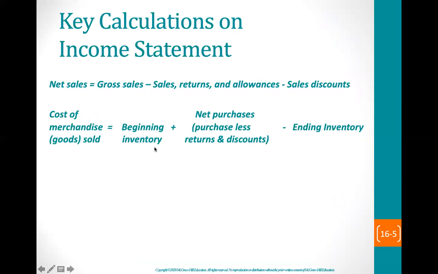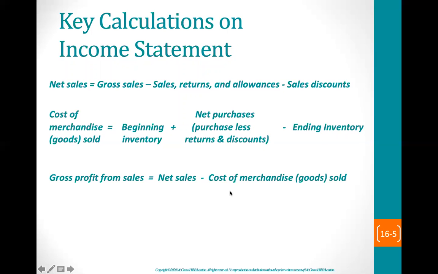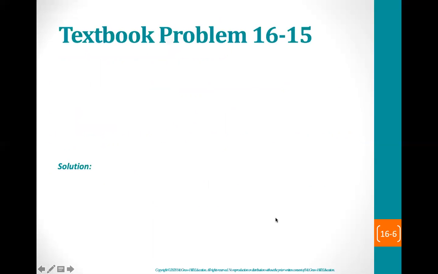Remember, beginning inventory plus net purchases minus ending inventory. Gross profit or gross margin is your net sales minus your cost of goods sold. And lastly, your net income is your gross profit minus operating expenses.